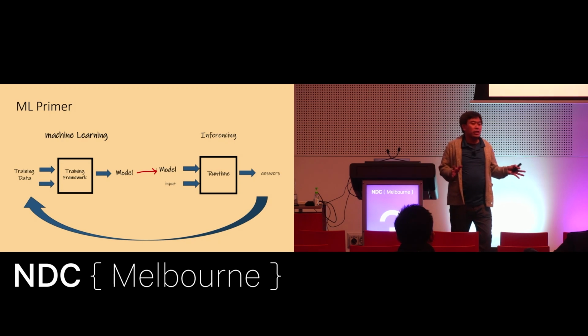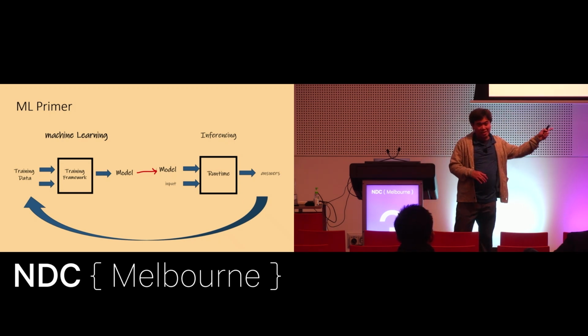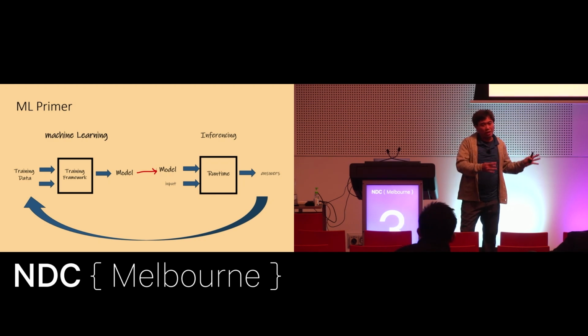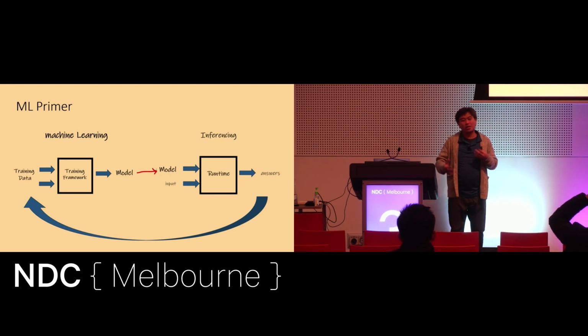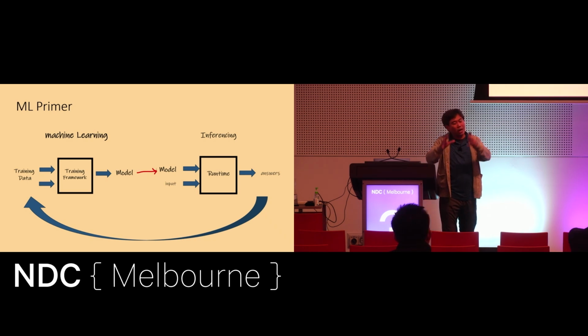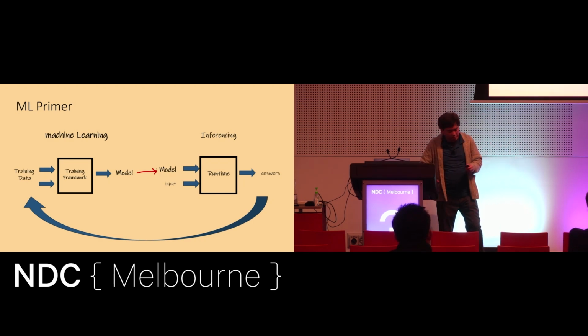If there's anything else that I want you to remember about this talk, it's this: once you start looking at it from this point of view, you're going to understand when is the best use case of when you should have a different pipeline for inferencing versus a different pipeline for training the model.